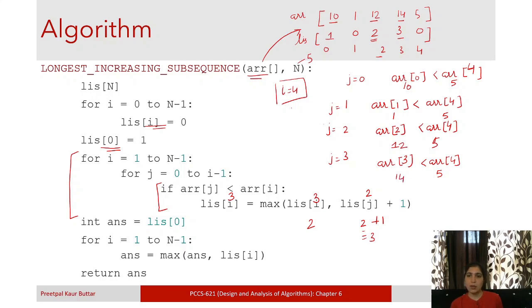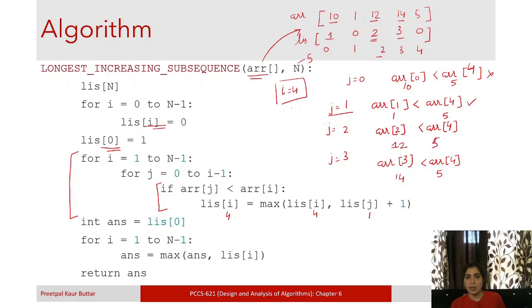Okay. So here 10 is greater than 5. So this condition is not satisfied. If condition is not satisfied, so we will move to the next iteration of J loop. Here it is satisfied, so we will update the value at index 4. And J is 1 here.